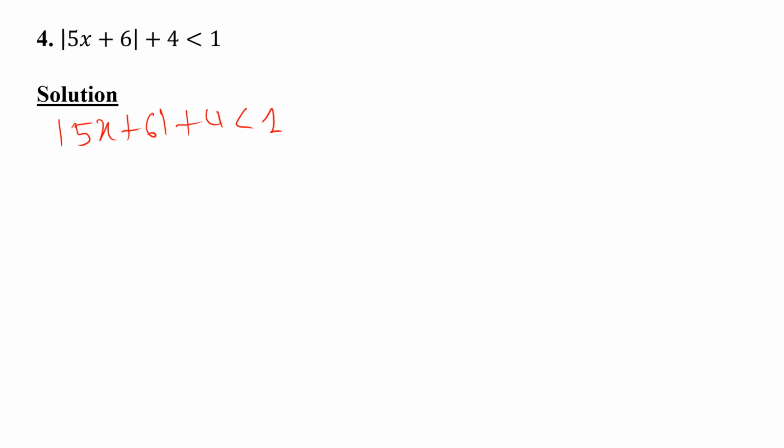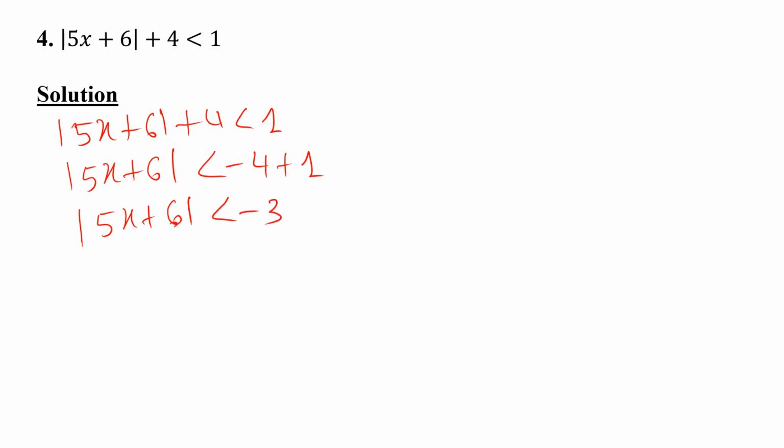First of all, I have to take the 4 to the second side, then we get the absolute value of 5x plus 6 less than negative 4 plus 1. Then we get the absolute value of 5x plus 6 less than negative 3.